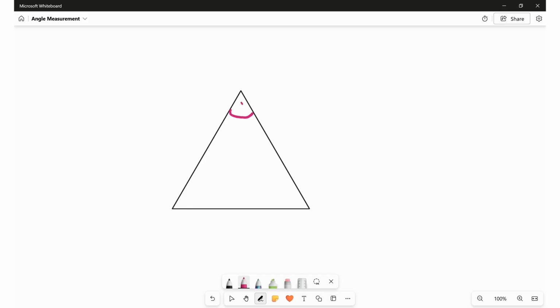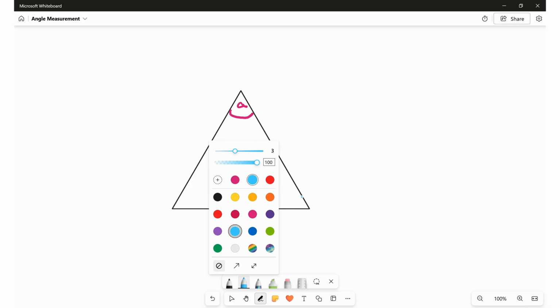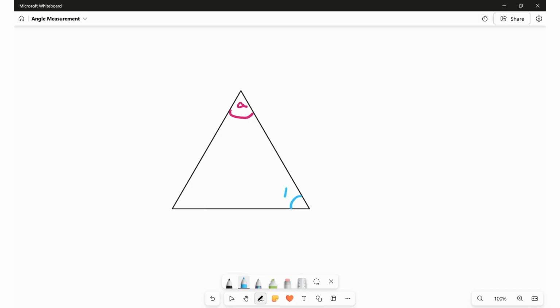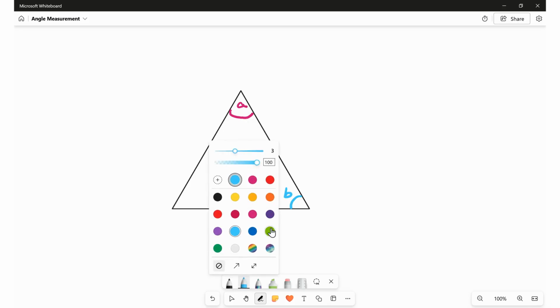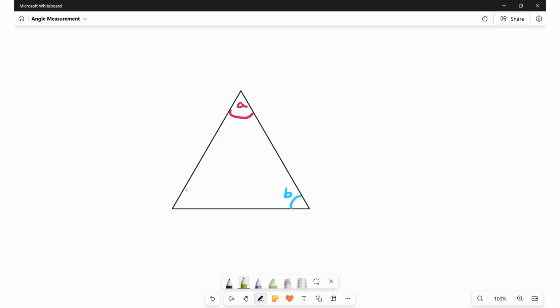Let's call this angle A. And we've got this one here. Let's call this angle B. And then we've got this one here. Let's call this angle C. And when we take the measures of all of these angles, so the measure of angle A plus the measure of angle B plus the measure of angle C, it will always equal 180 degrees.